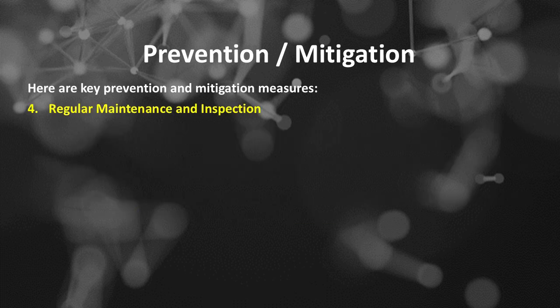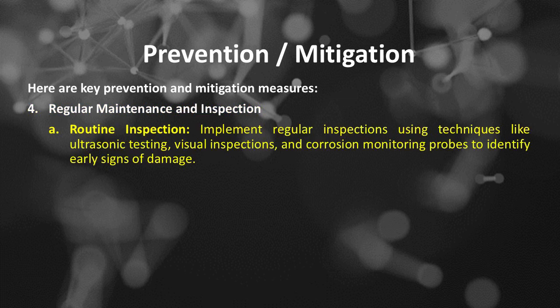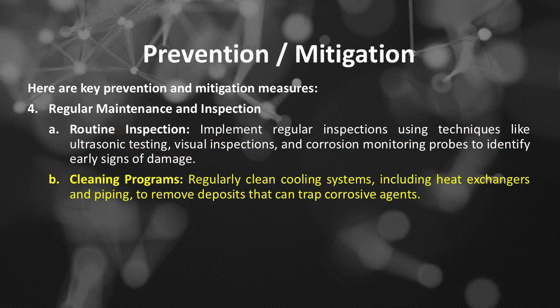Number 4 of the key prevention and mitigation measures is regular maintenance and inspection. Number A, of the regular maintenance and inspection is routine inspection. Implement regular inspections using techniques like ultrasonic testing, visual inspections, and corrosion monitoring probes to identify early signs of damage. Number B of the regular maintenance and inspection is cleaning programs.